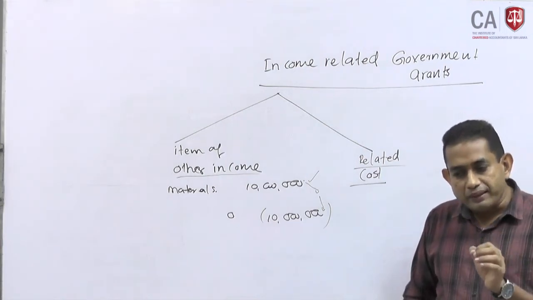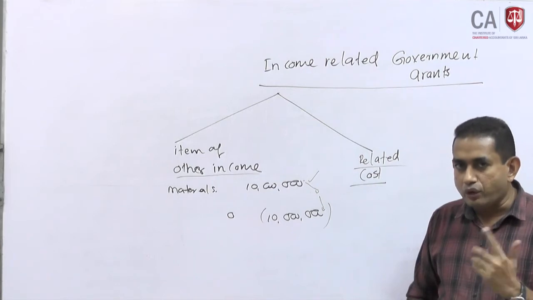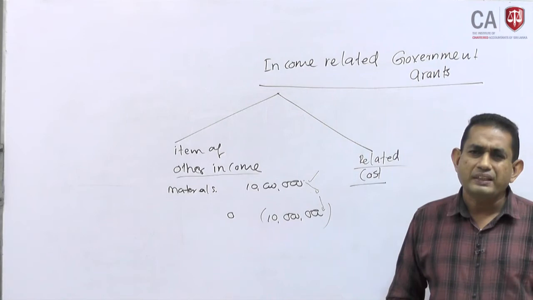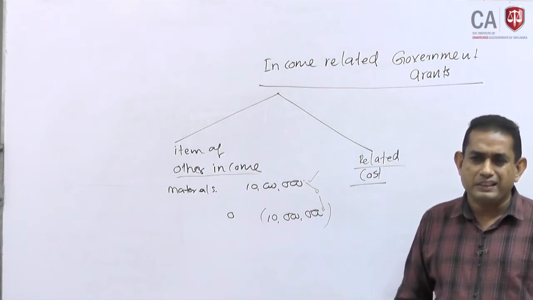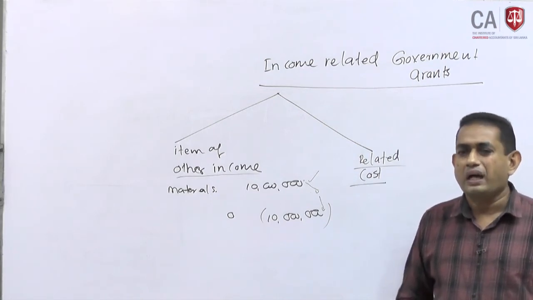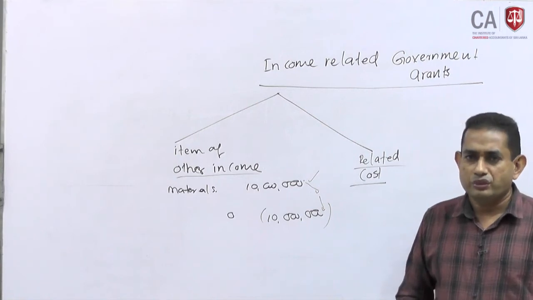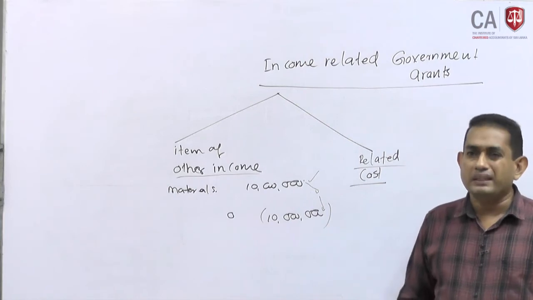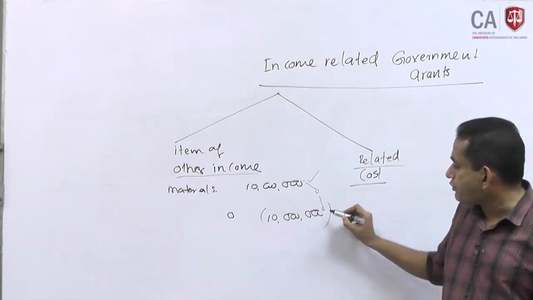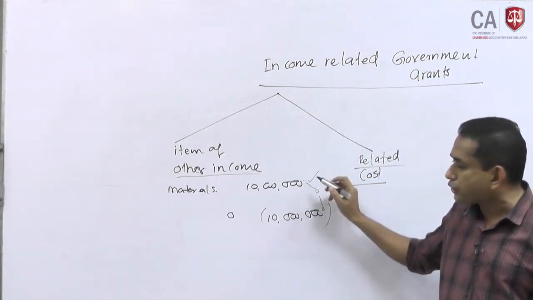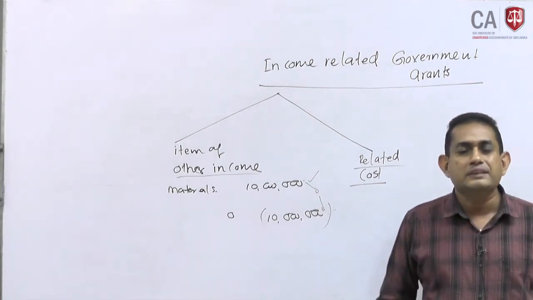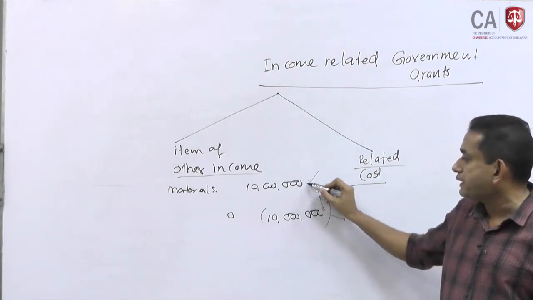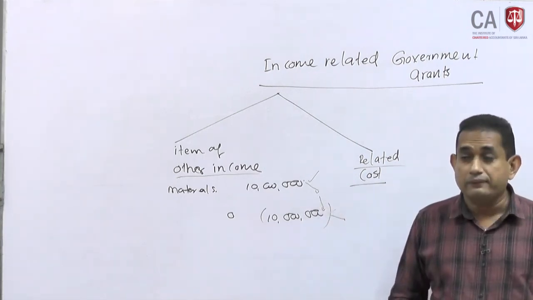If not for the chemicals, you cannot continue the production. If not for the production, why are we existing? There is no reason why we should exist unless you can do the production. So it is the government grant which makes this company keep moving, and if not for the grant, even this cost wouldn't have arisen.